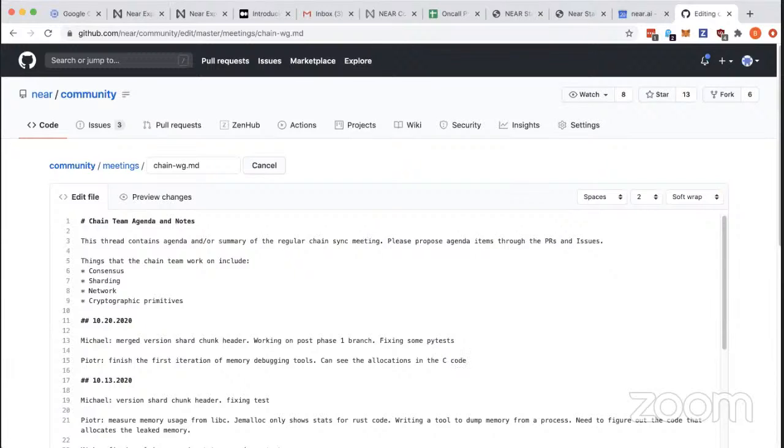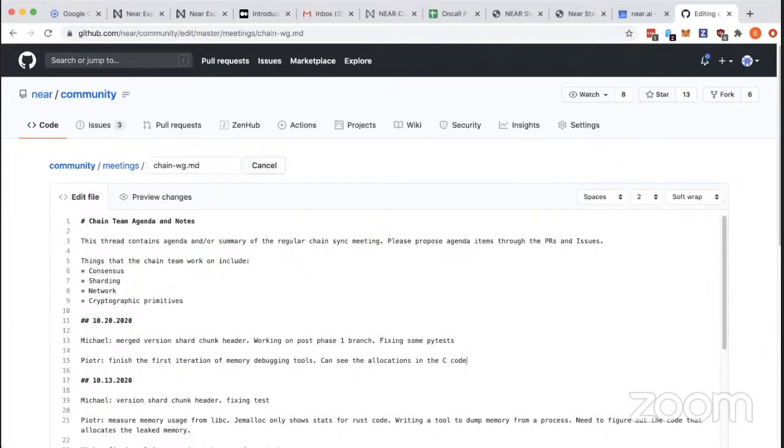I also spent some time investigating how to dump the process memory in a safe way without actually stopping the process. There were a couple of issues, and also how to recover the symbols.